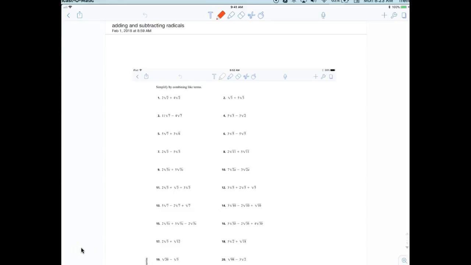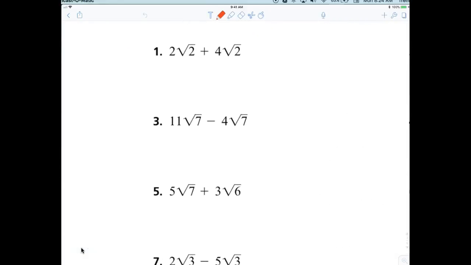What I mean by that is, if I said, what's 2x plus 3x, you would simply say it is 5x. Because remember, the number in front says how many of the radicals you have. So let's look at number 1. I already heard the answer, and I think that's outstanding. Again, the number in front represents how many you have.